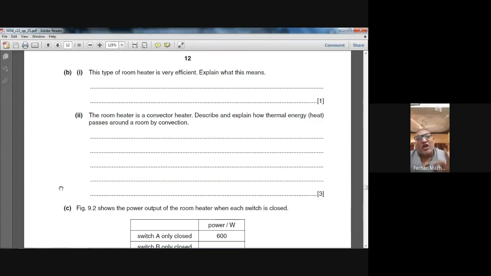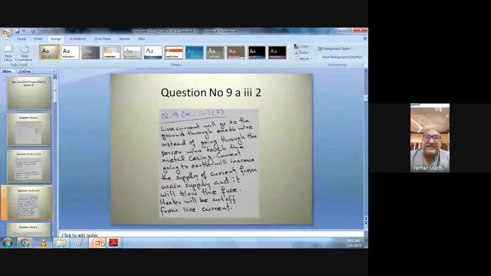A very small amount of input energy is wasted. Only a small amount of energy is wasted. Most of the energy is useful output here. So the efficiency means this. And let me show you my answer. I have written this answer also.